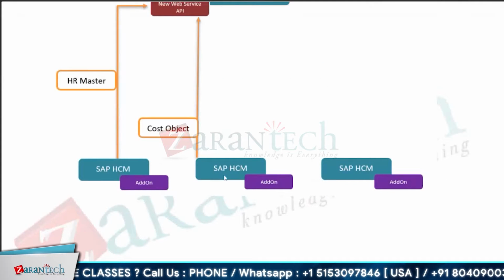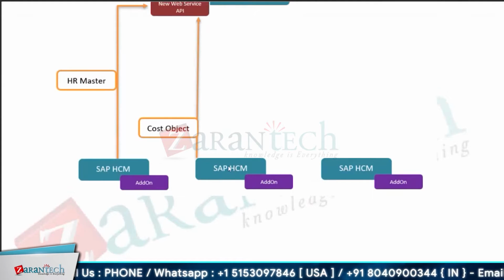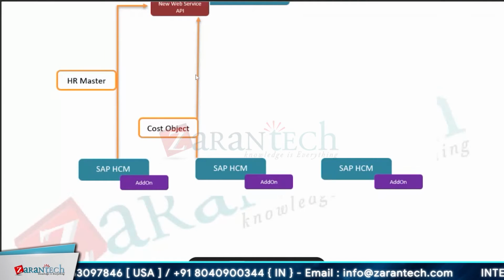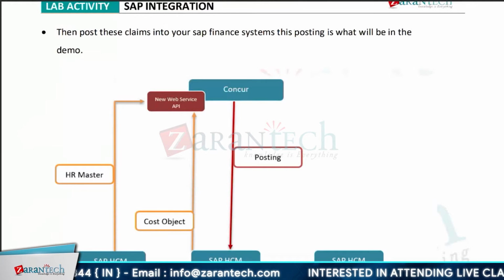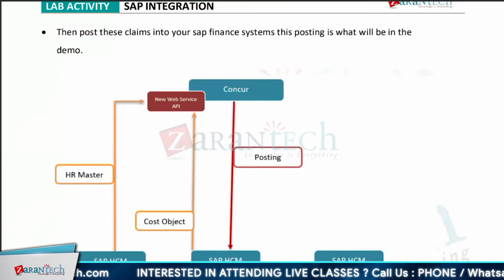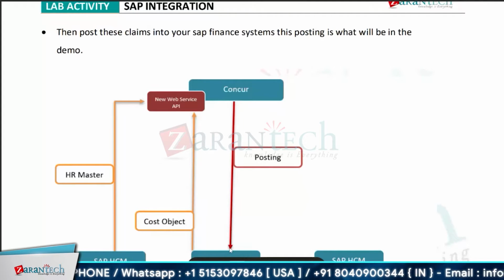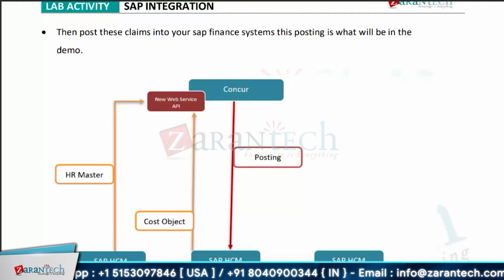This is given wrong as HCM. But if it's a financial system, then the cost object gets passed into Concur. HCM is a part of HR only, no? Oh yeah, old one. Now it is SuccessFactors. Yeah. We pass the cost object as a web service and we get the postings into our financial system. So that is the second set.